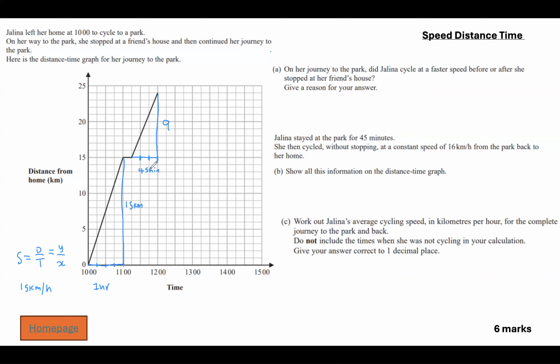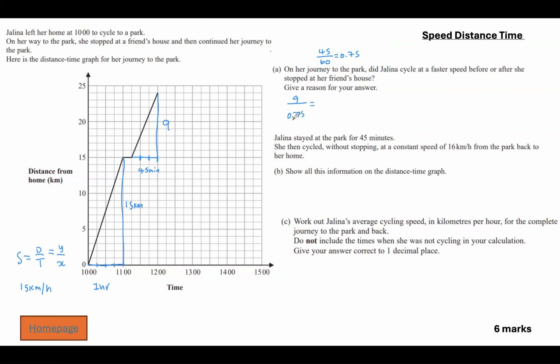So if we're going to work out speed in hours, we need to do 9 over 45 minutes. Now, 45 minutes in hours is going to be 45 over 60. So that's going to be 3/4 of an hour, which is 0.75.